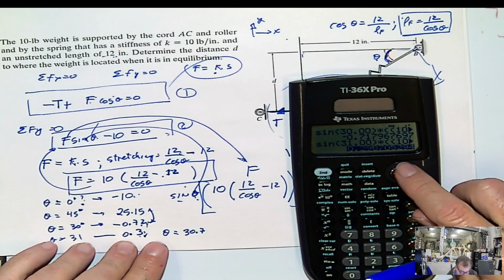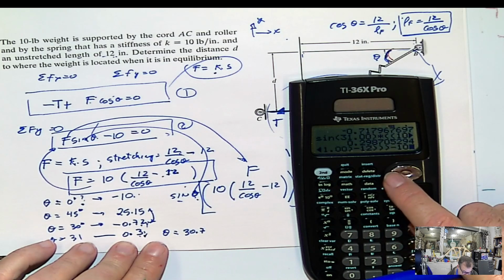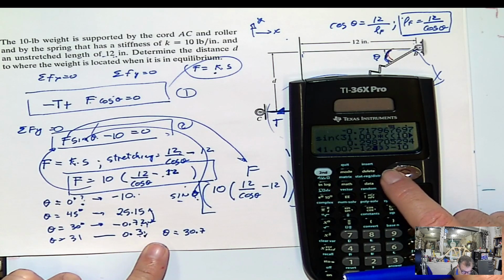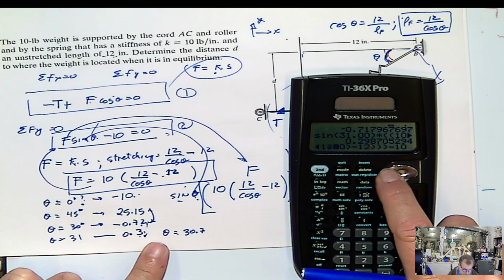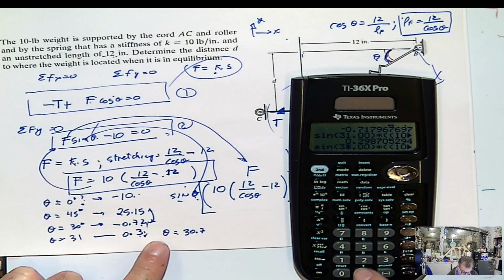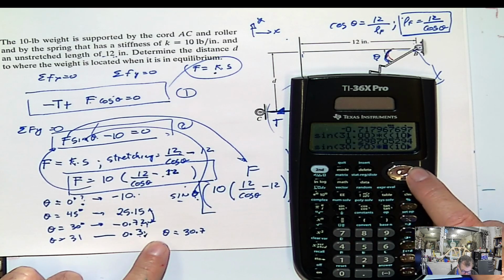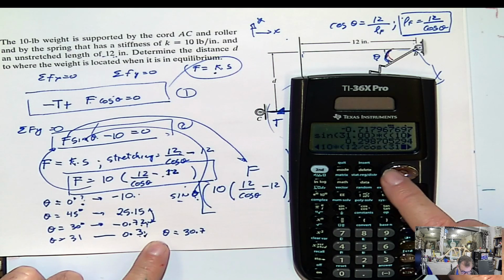And see what happens. I'm just going back here to wherever I put the angle. There are some calculators that you can keep the variables, and it's easier. 30.7, and I'm going to put here 30.7 as well.